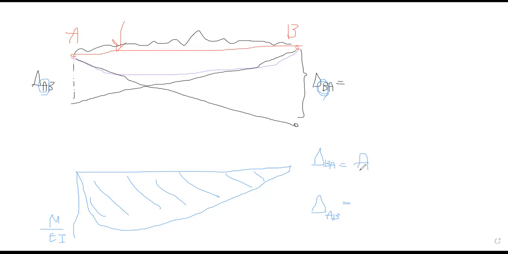But what is different is the centroid of this area. From B it's x1 bar, and from A it's called x2 bar.